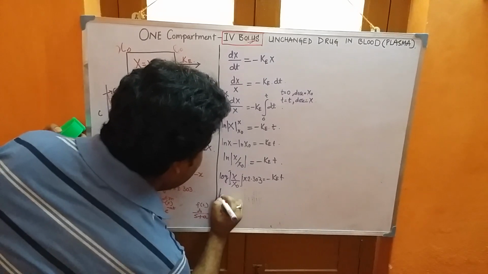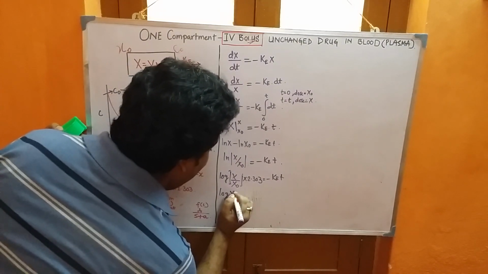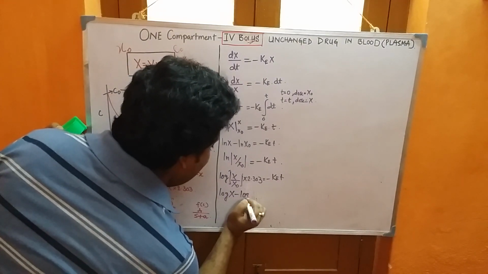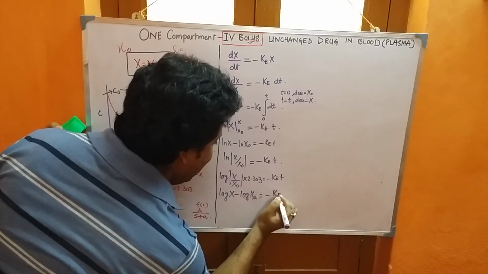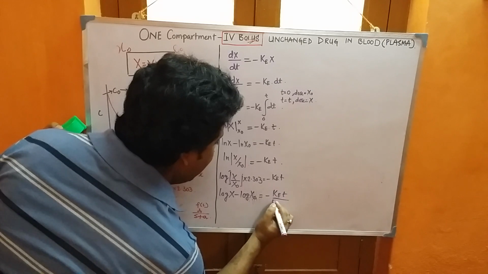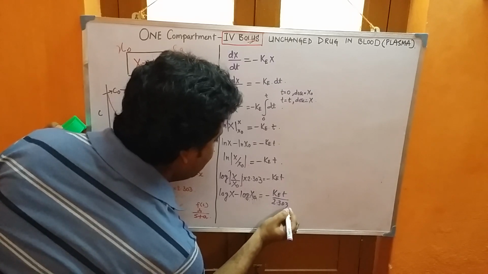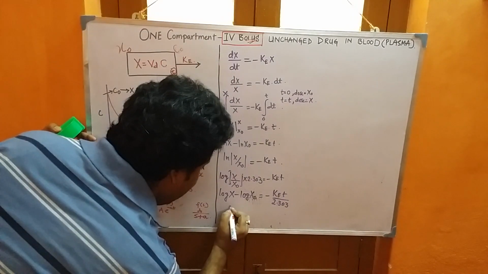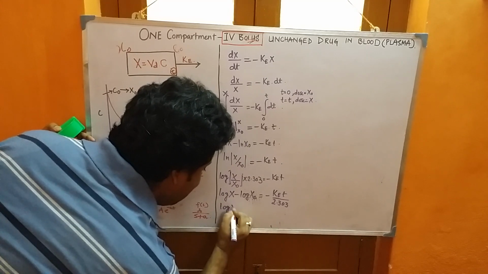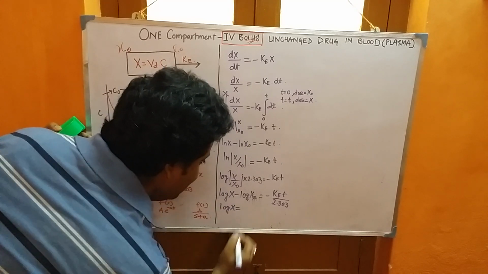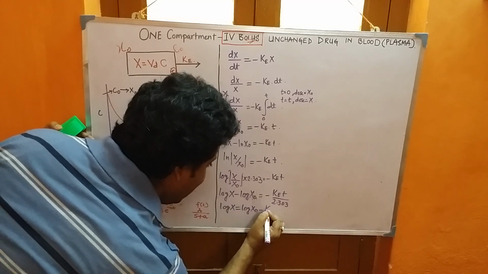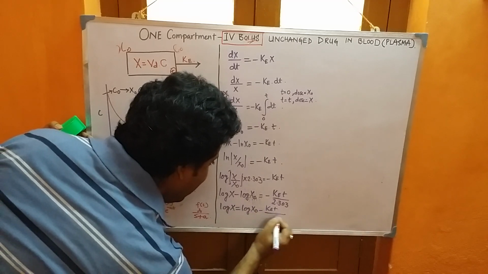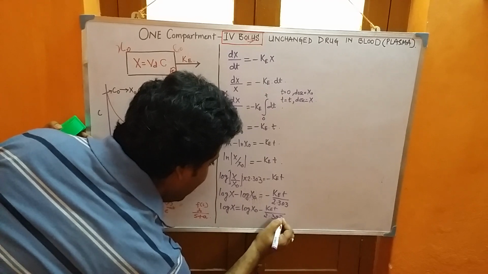I'm just breaking it off: log x minus log x naught equals minus Ket by 2.303, and we can write it as log x equals log x naught minus Ket by 2.303.